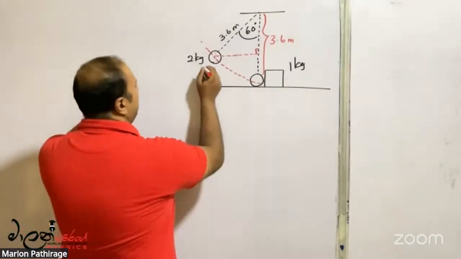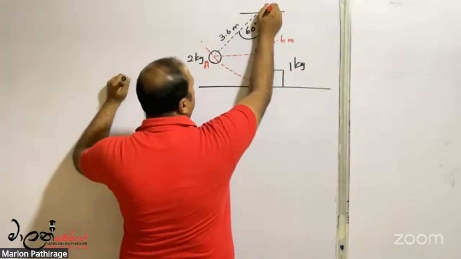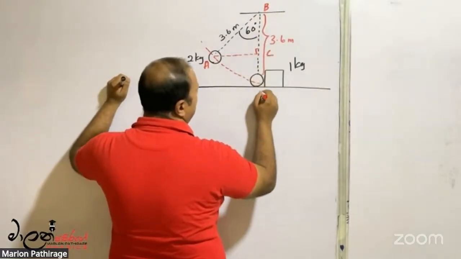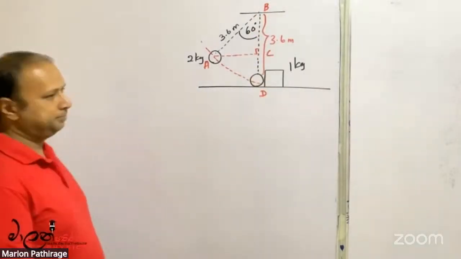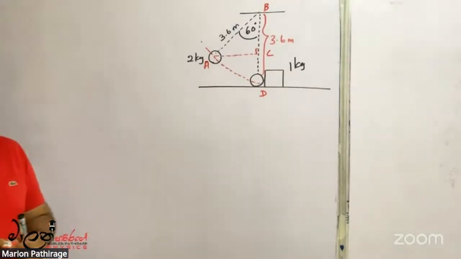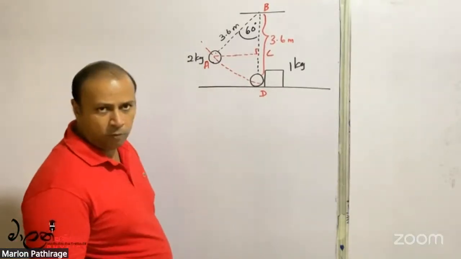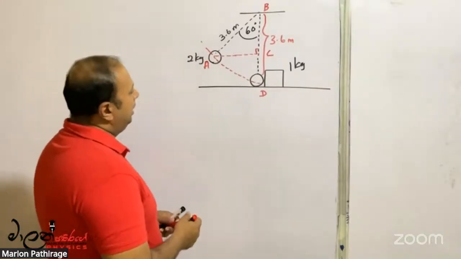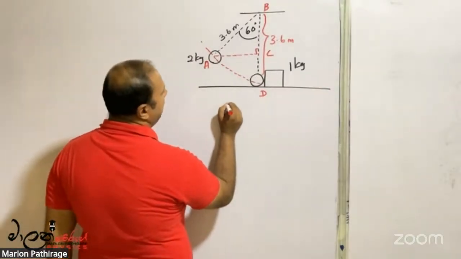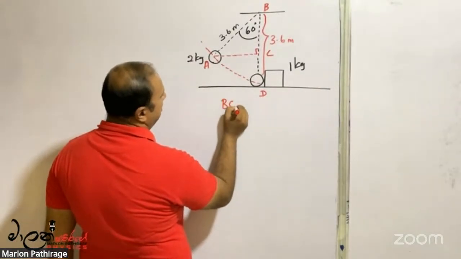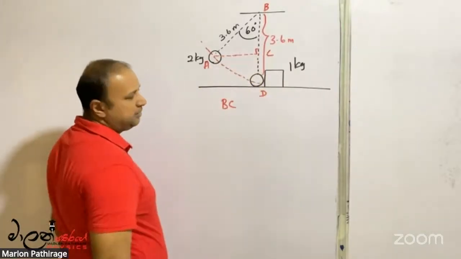I'm going to name the points A, B, C, D. Now it is very clear, BC is a perpendicular.